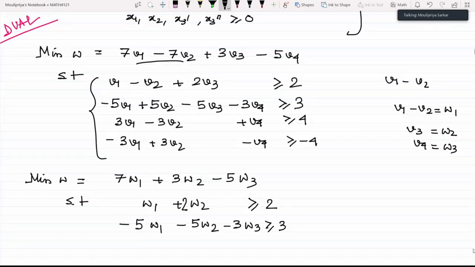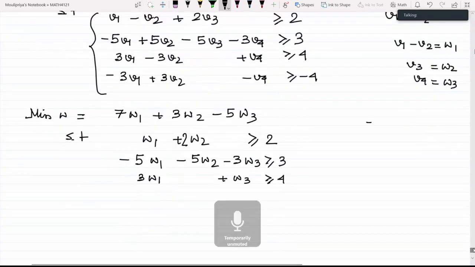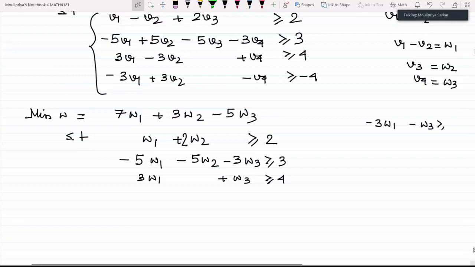What are we getting from here? We are getting 3w1 plus w3 greater than or equal to 4. And what do we have from the last inequality? The last inequality would be minus 3w1 minus w3 greater than or equal to minus 4.